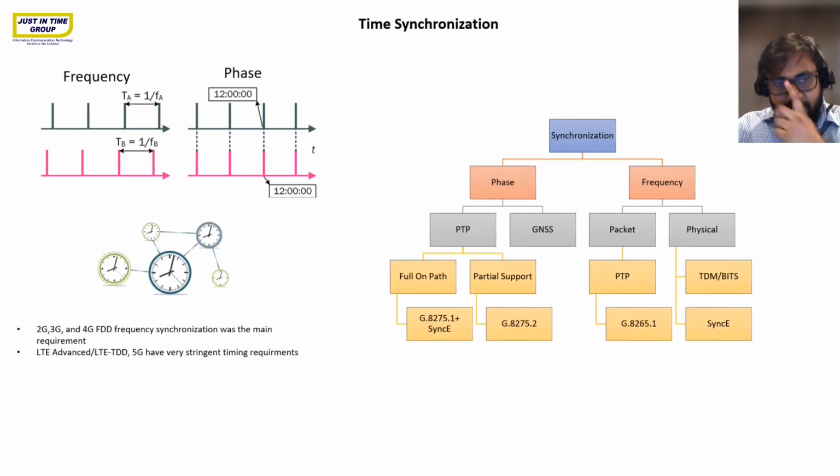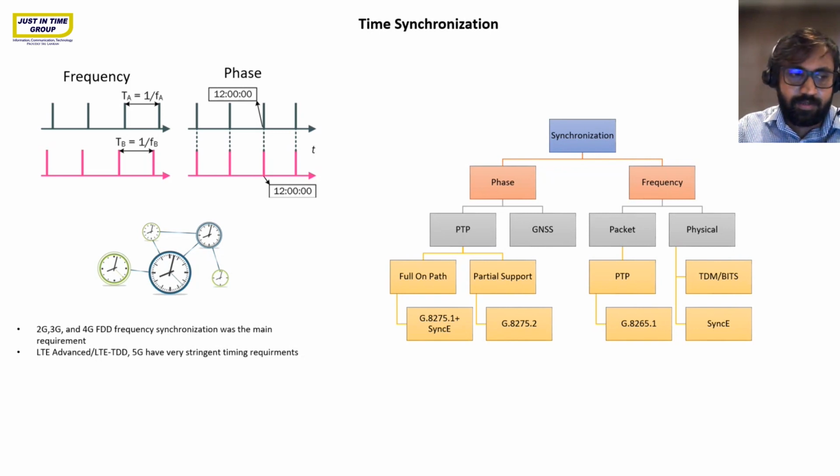Okay, when we talk about 5G front haul and also 5G transport network, then synchronization is also a very important topic that we need to talk about. What it means by synchronization is that you should be able to distribute accurate frequency and phase information. I mean, frequency and phase together, you can call it time information, towards the edge of the network.